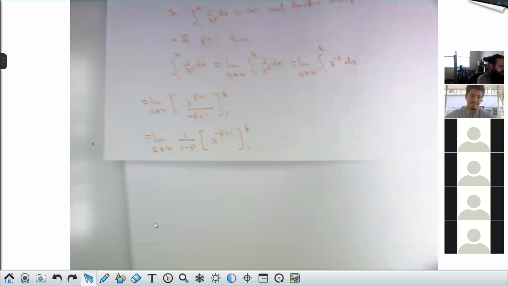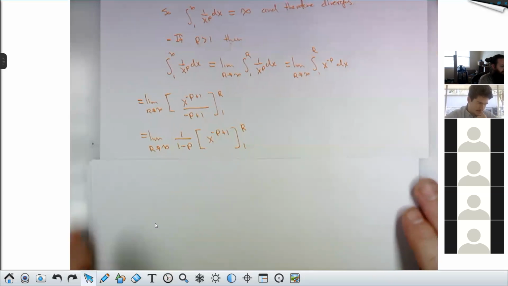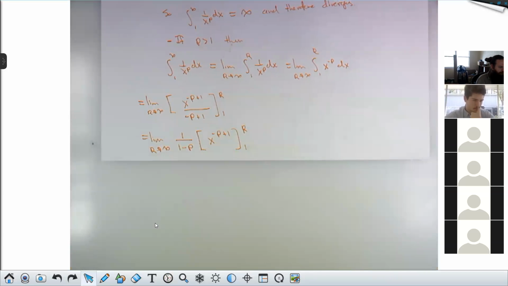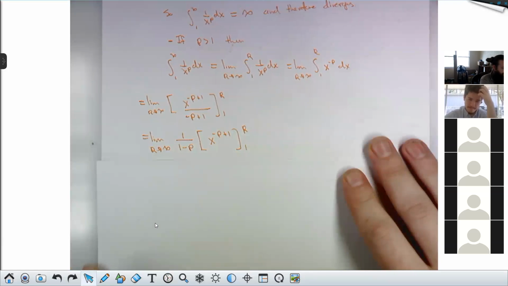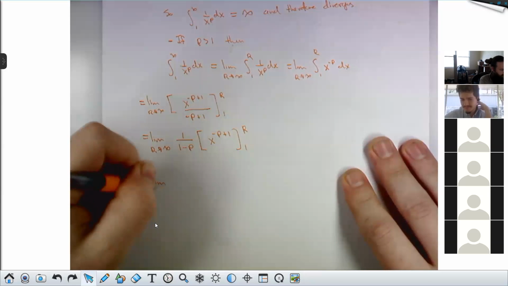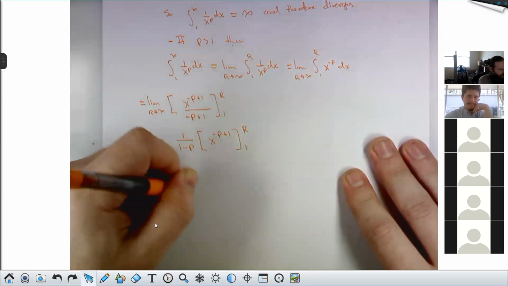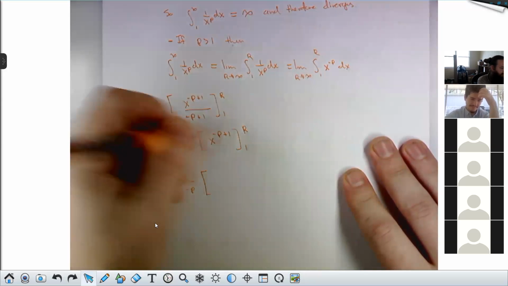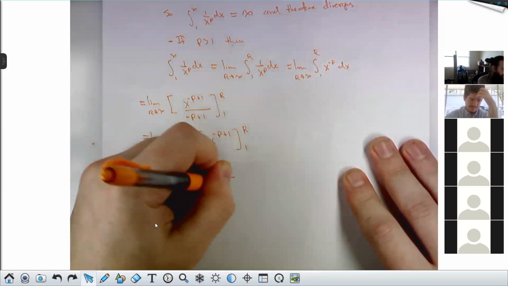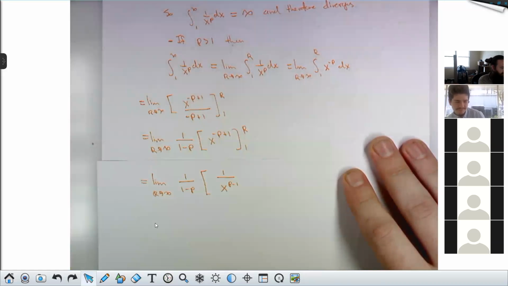Now, since p is bigger than 1, negative p plus 1 really is negative. So I have 1 over 1 minus p here. And this piece is really 1 over x raised to the p minus 1.